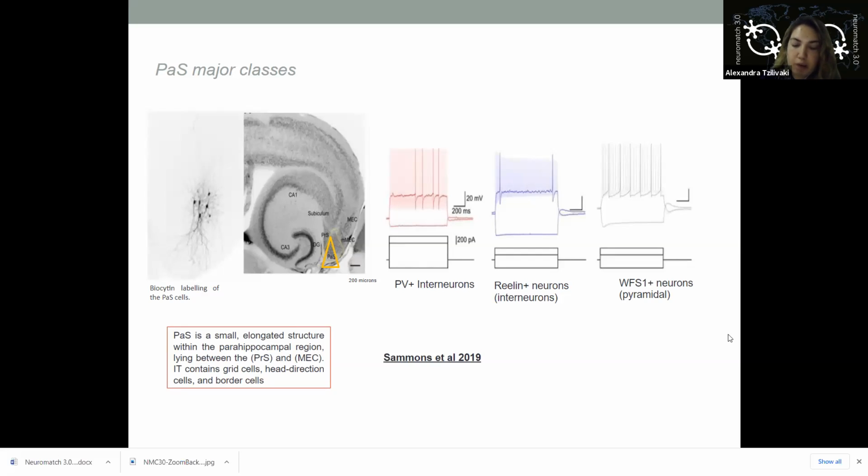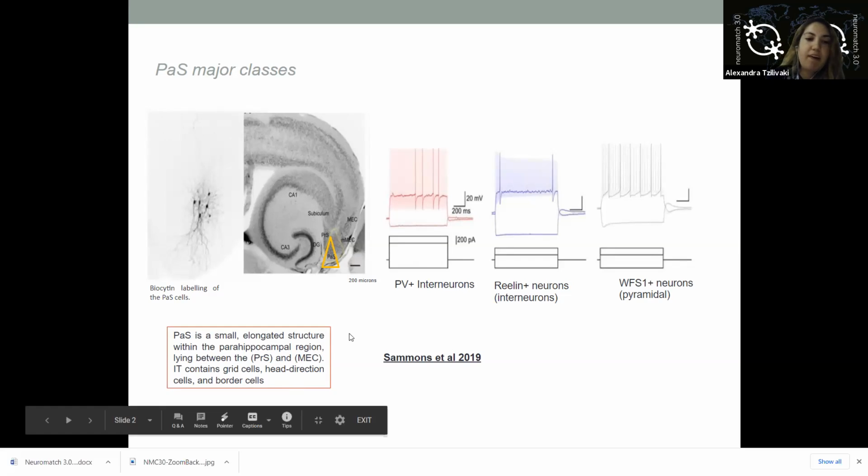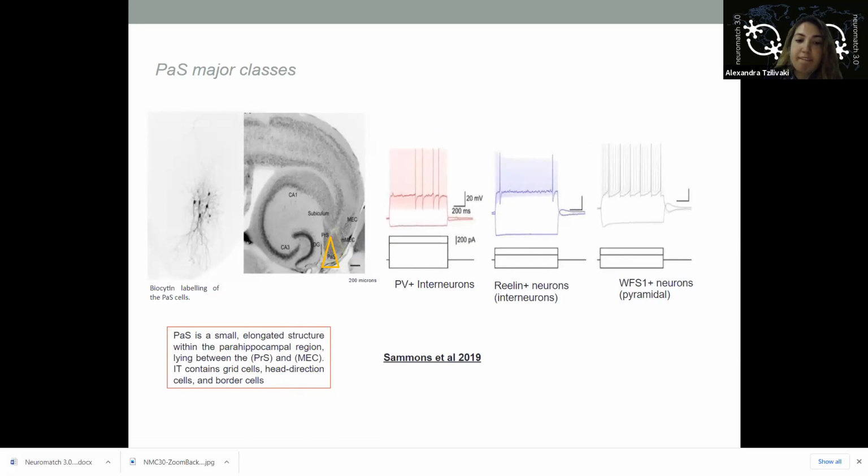in the parasubiculum. Very briefly, the parasubiculum is a small elongated structure within the parahippocampal region lying between the presubiculum and the medial entorhinal cortex. Parasubiculum contains grid cells, head direction cells, and border cells.